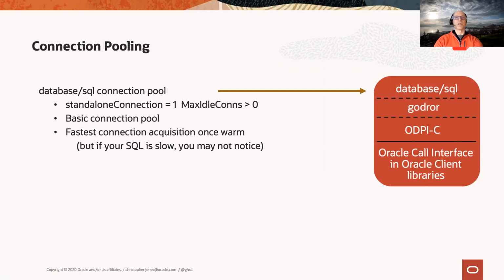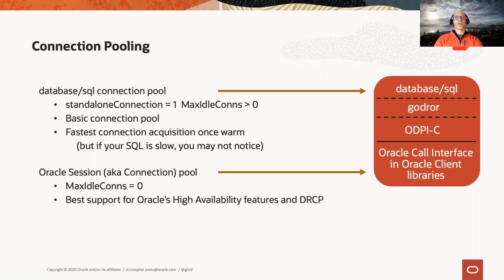I'll just show you those in a slide or two. It's kind of, we'd call it the fastest because it doesn't have to go through the stack to get the connections, but it does sacrifice a lot of the high availability things that Oracle's own connection pool can use. If your SQL is slow, you probably won't even notice that it's a little bit slower just to get that connection in the first place.